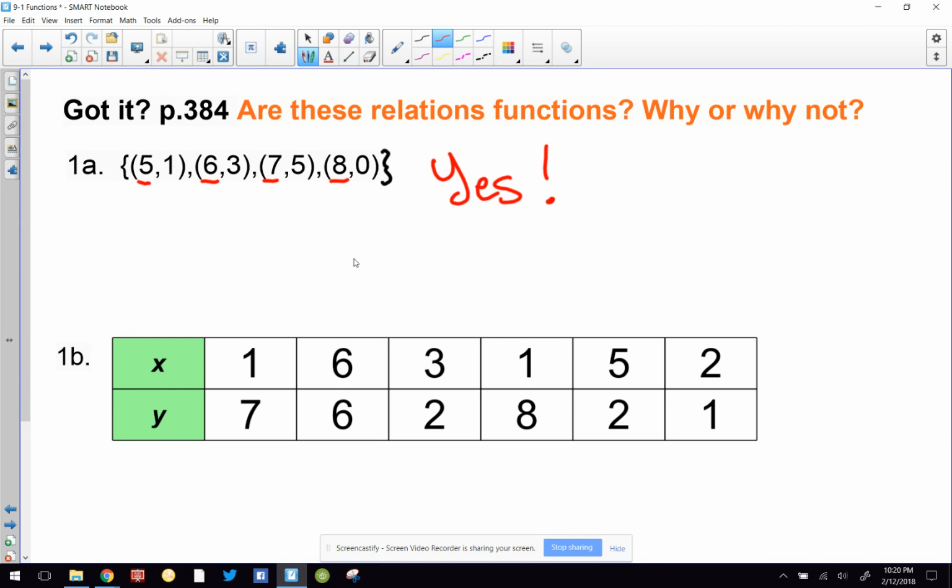Here in 1b, we have our relation written in a table instead of listed as ordered pairs, but our ordered pairs are right here: (1, 7), (6, 6), (3, 2), (1, 8), (5, 2), and (2, 1).